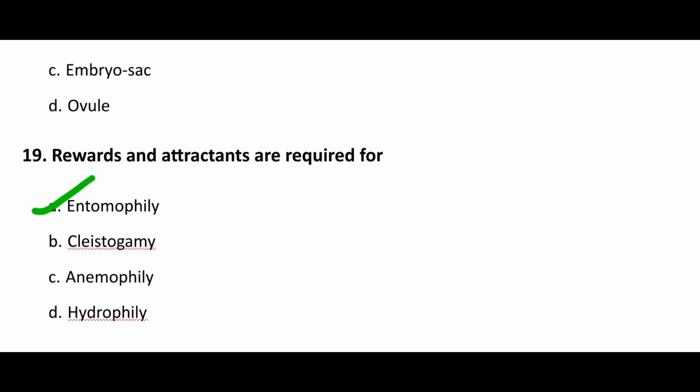So attractants, that means some attractive substance, should be present in the flower, and rewards should also be present in that flower to attract those pollinating agents. So it is the case of entomophily where rewards and attractants are required.